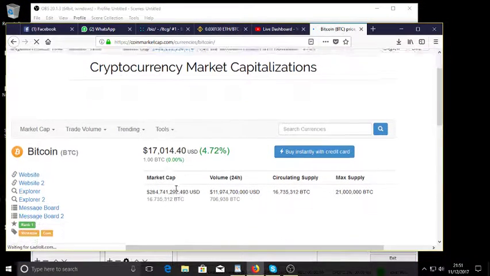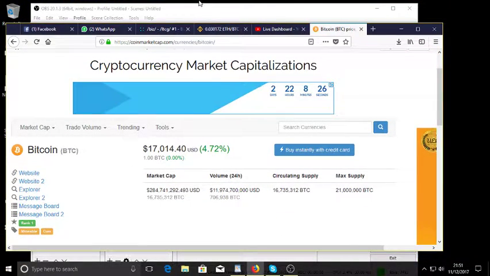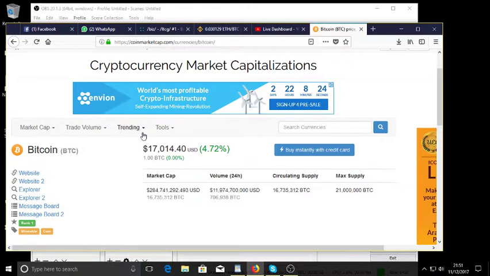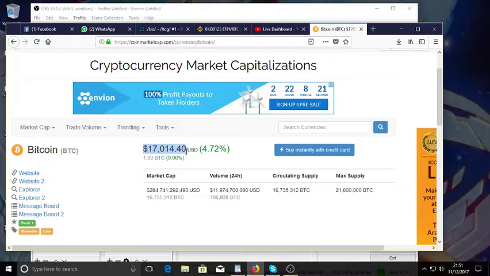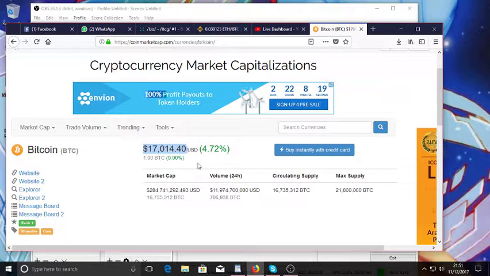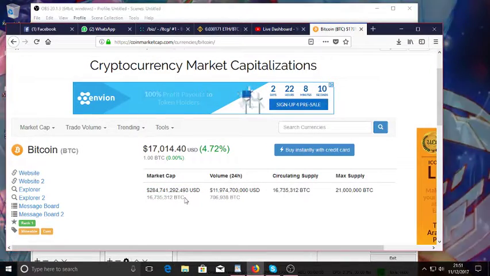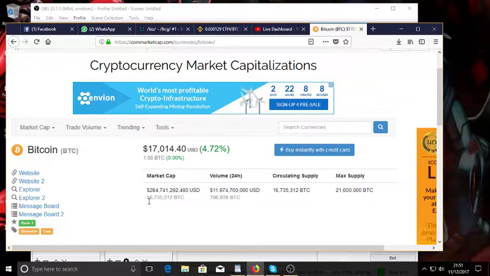CoinMarketCap shows you an average across all the different exchanges, right? So Bitcoin is trading at an average of $17,014 US. When you're analyzing cryptos to invest in as a long-term thing, you need to look at their market cap. Market cap is really the total number of coins in circulation multiplied by the value of the coin.